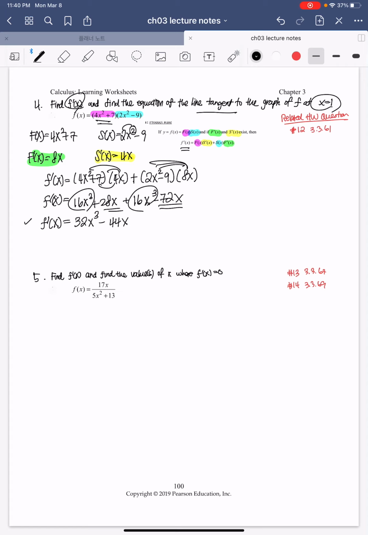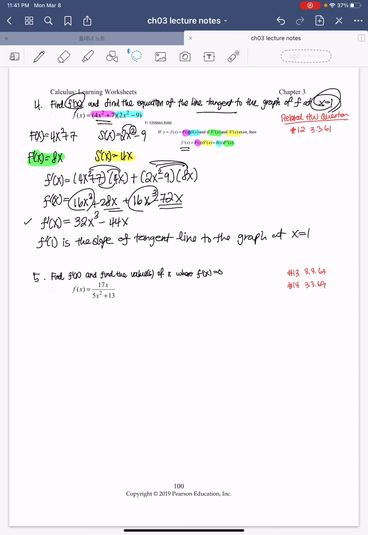So if I plug in x equal 1 into the derivative, this function gives the slope of the tangent line to the graph at x equal 1, right?